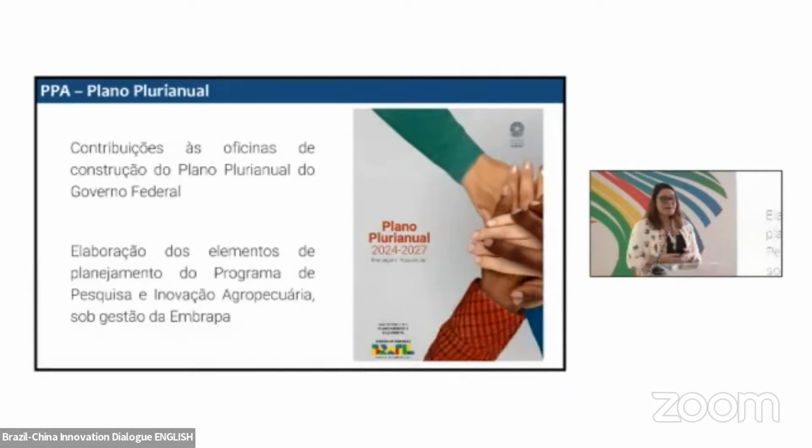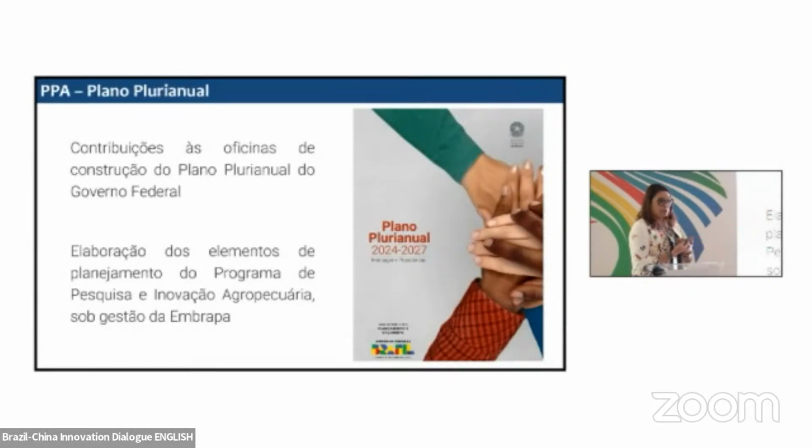Lavinia talked about BDS, but for us, as we do not have the financial system with its specific reports that we have in the structure of the federal government, a pluriannual plan is our main support of strategic planning.